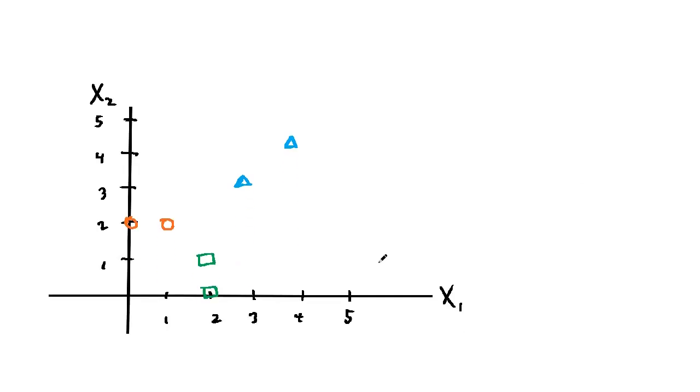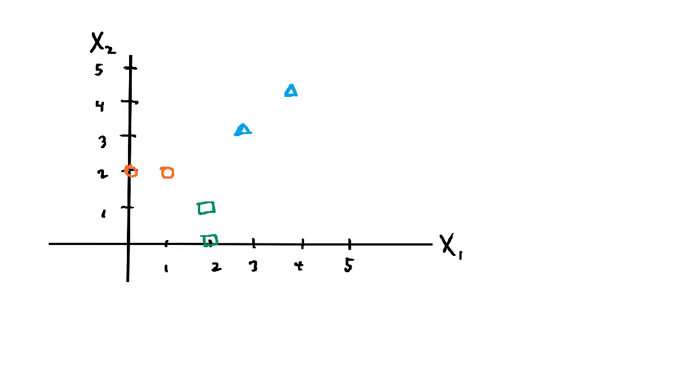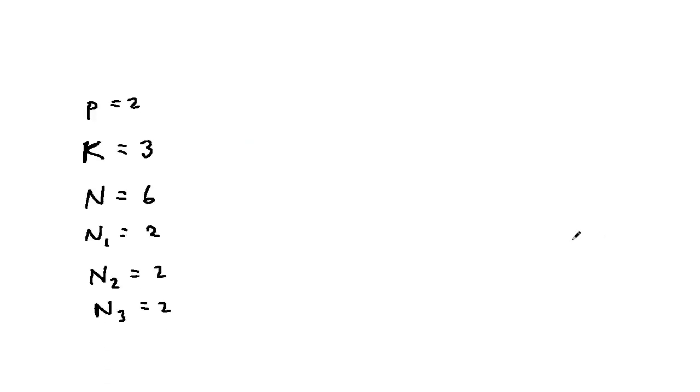Okay, so if we graph the data points, we get this. As you can see, we have 3 classes here, 2 in each class. The number of features, P, is 2.